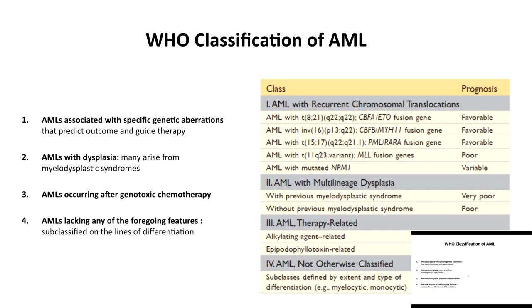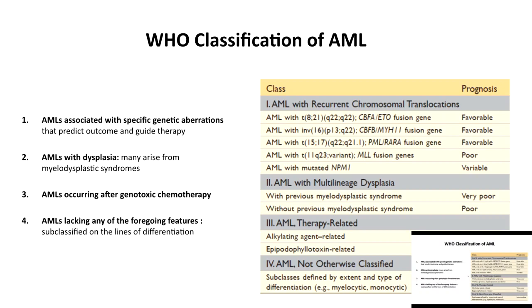It can be a little bit challenging to understand the different subdivisions, but now that we have the WHO classification, things have become a little more simple. It's a little easier to approach the acute myeloid leukemias.